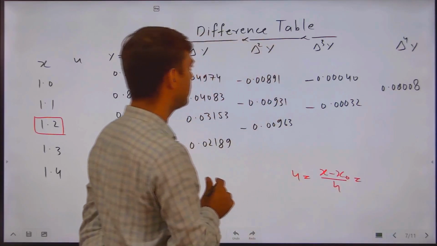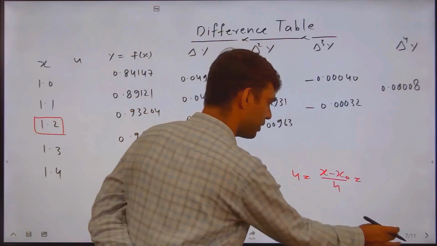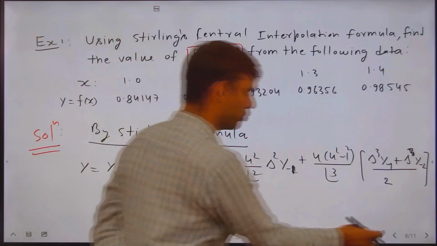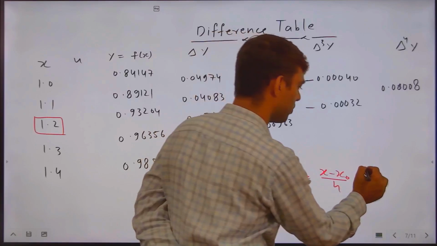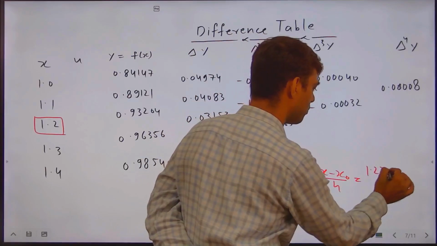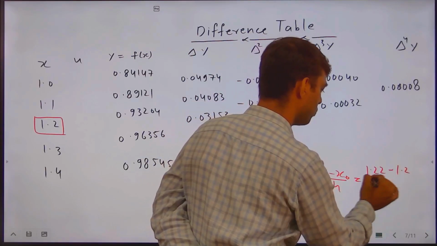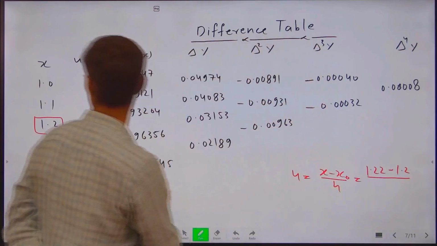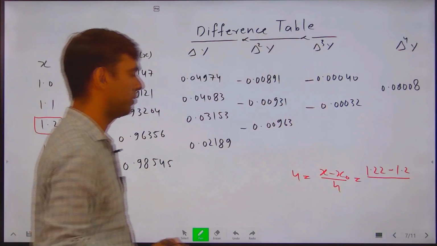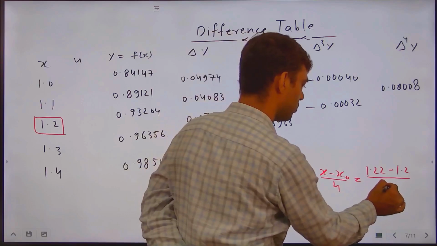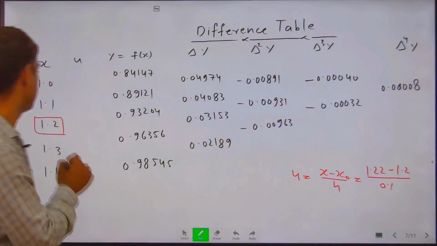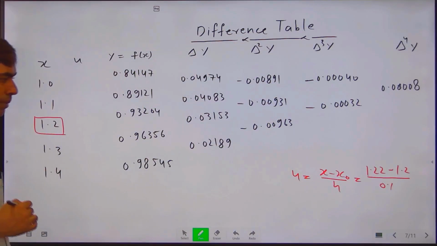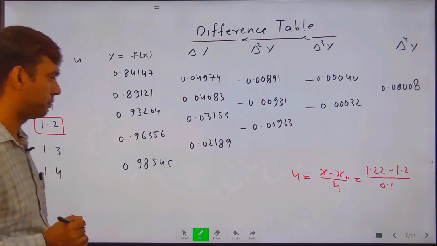What is x here? In the given question, x is 1.22. So this is 1.22 minus 1.2 divided by h. What is h? h is 0.1, the difference of 1.2 and 1.1.